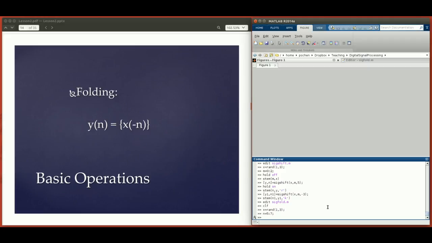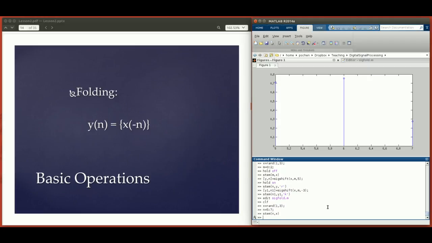Then if I do a stem n x, that's the 3 elements of x, and the horizontal axis goes from 5, 6, 7. Now if I do sigfold on this signal, the horizontal axis is going to go from -7 to -5, and the signal amplitude is going to be the mirror image of the signal amplitudes shown here.